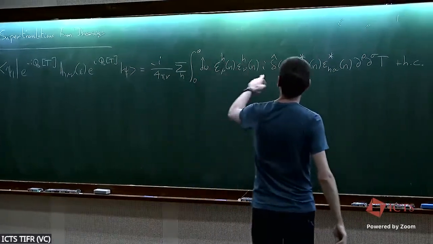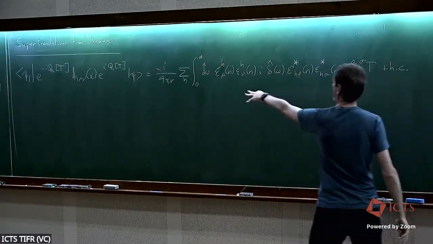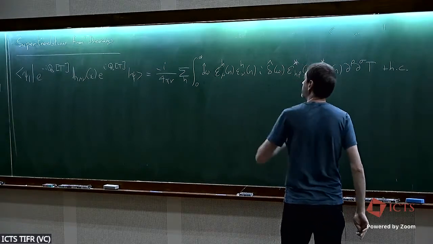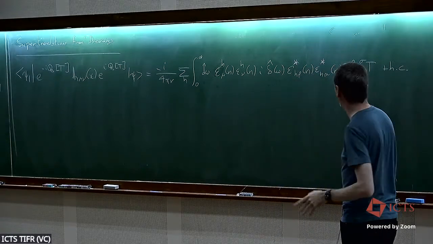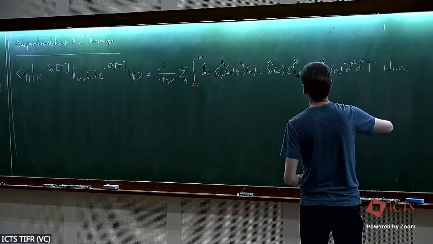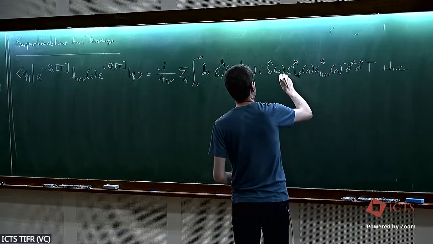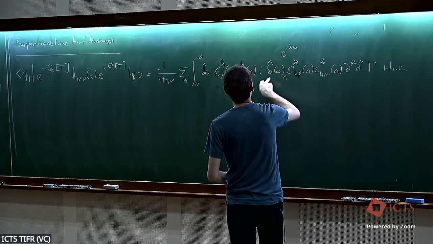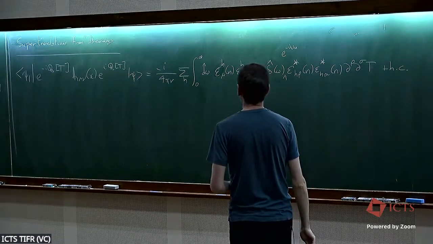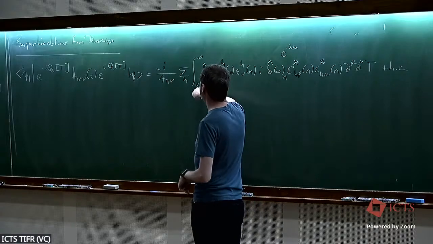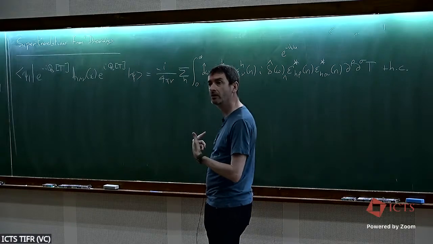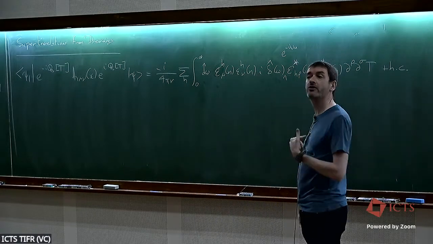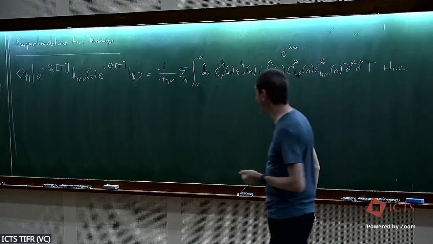I can do the integral over omega with this delta of omega. So that goes away. There was an e to the minus I omega u, which I've dropped, but actually doesn't really matter. That goes away when we do the integral over omega. When you're integrating over a delta function with half weight, there's a factor of 2. But there's 2 terms here, and they're going to contribute equally, so the factor of 2 goes away.